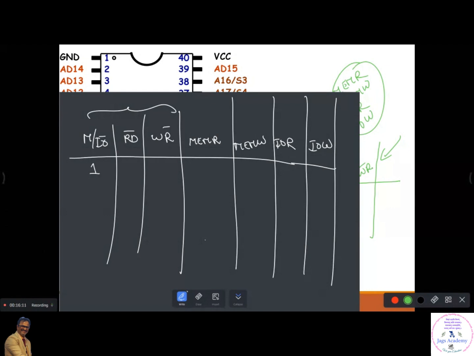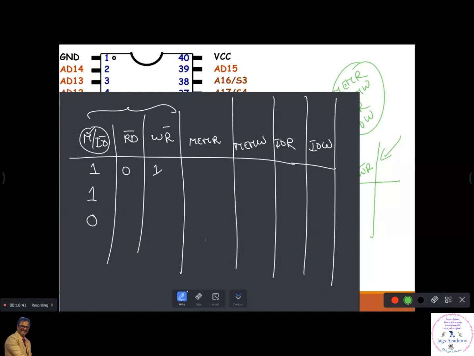So whenever I put 1 here, whatever data transfer happens, read or write, will be with respect to memory only. Suppose I give 0 here; then whatever read and write you do will be with respect to IO.